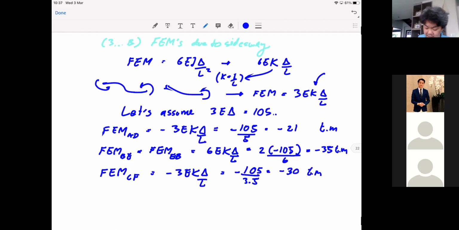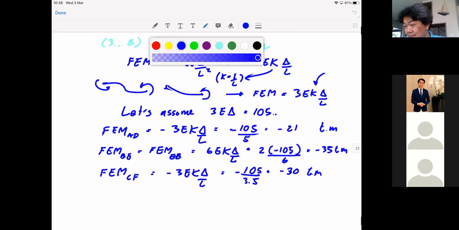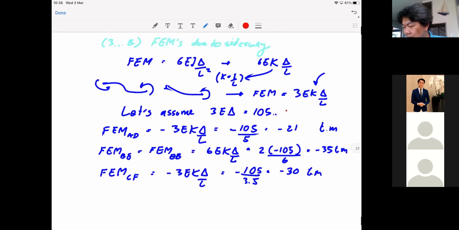So these are the numbers that we should begin our moment distribution. We can just assume one number here, and the rest will have to be calculated with the relationship. You start off by saying this, and then the rest must be calculated accordingly.